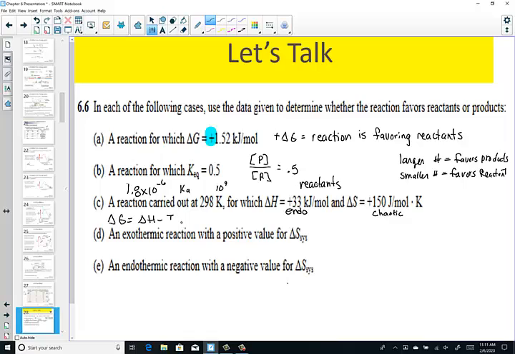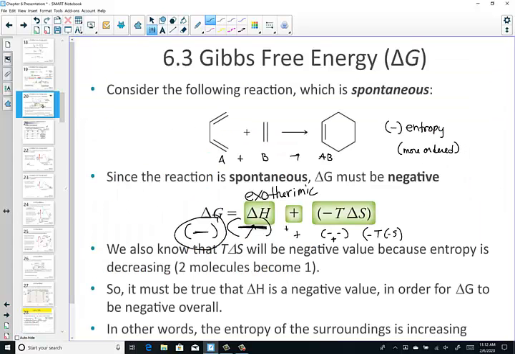Now, to be safe, you can actually calculate and determine the sign on delta G. We have 33 kilojoules per mole as your delta H. In a parenthesis, it's negative T delta S. So this is 273. I want you to just make sure you're seeing that equation.